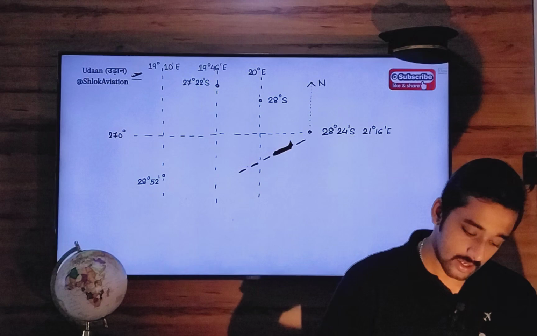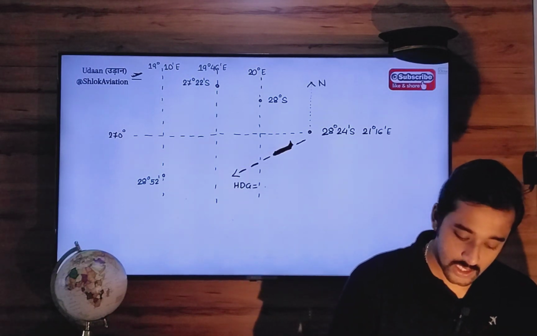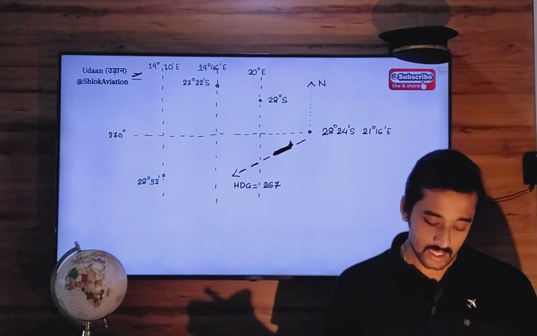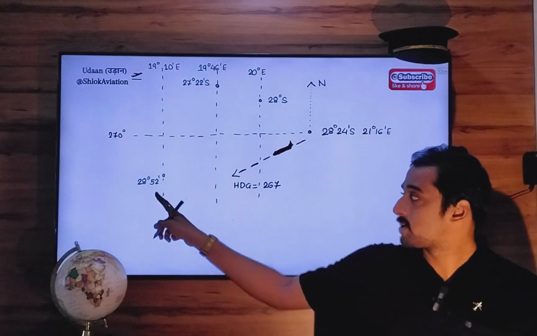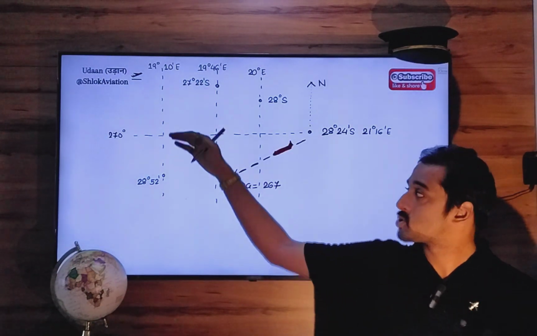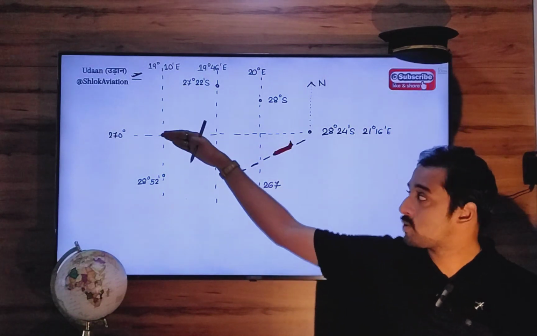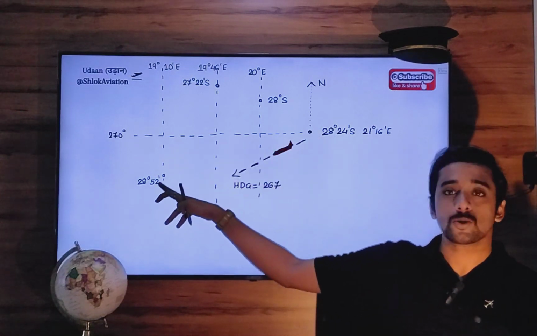The only possibility is that you will end up being over latitude 28 degree 52 minutes south, because that is the only position which is to the southwest of this position.